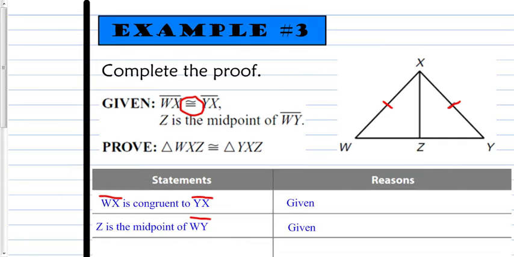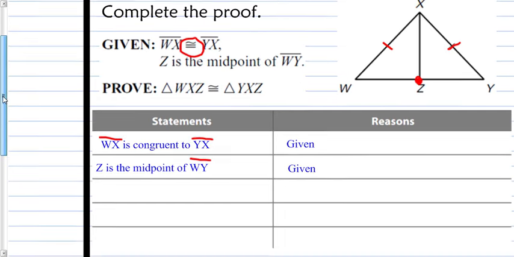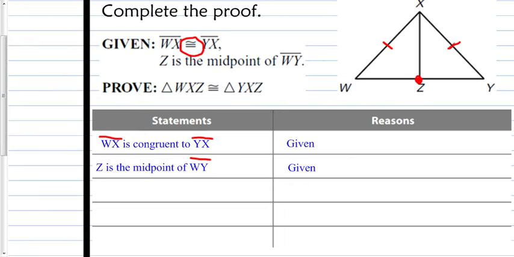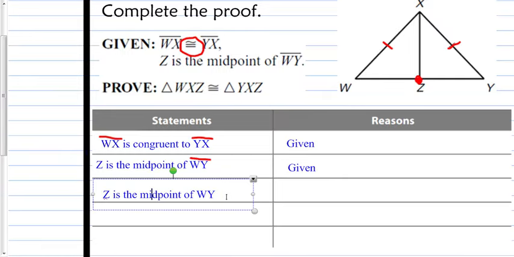So since Z is the midpoint of WY, they're telling us that for a reason, okay? If they're going to give us some information, then we're going to do something with that information. So since Z is the midpoint of WY, what does that mean happens? It means that WZ is congruent to YZ.